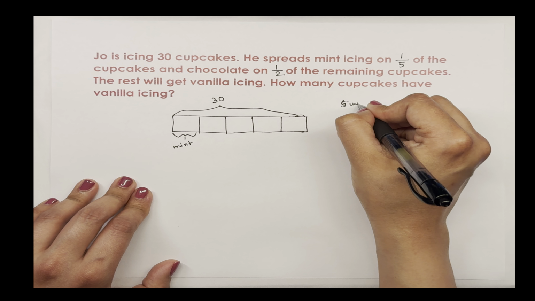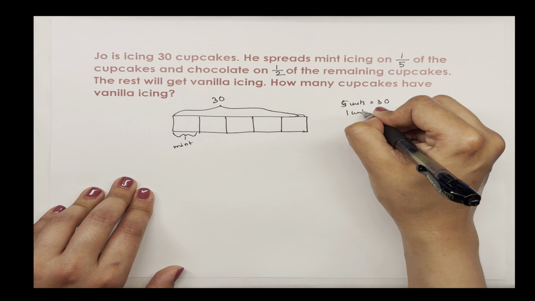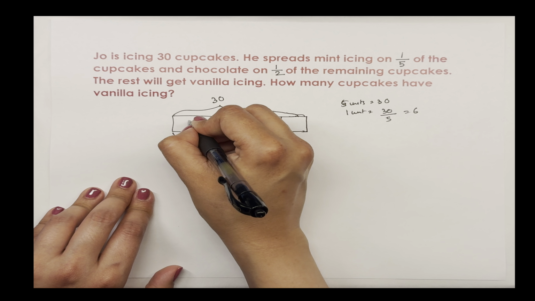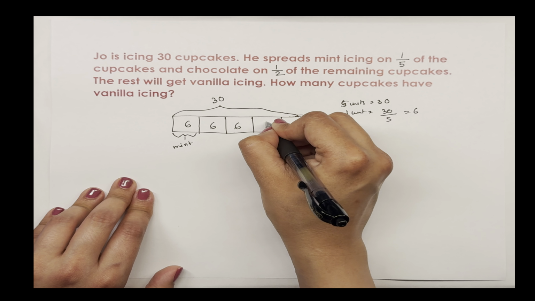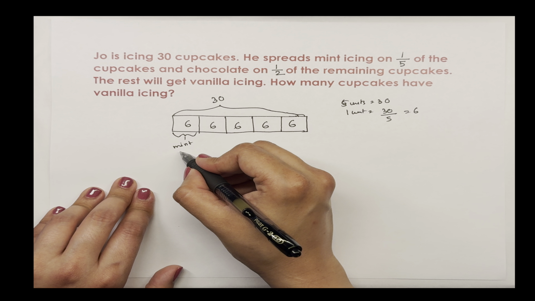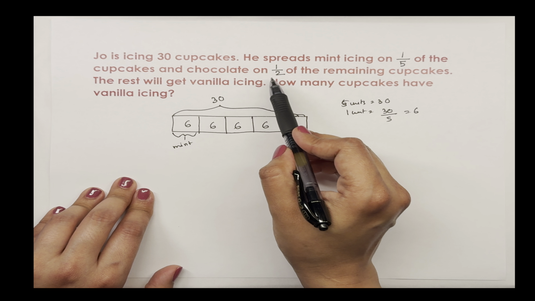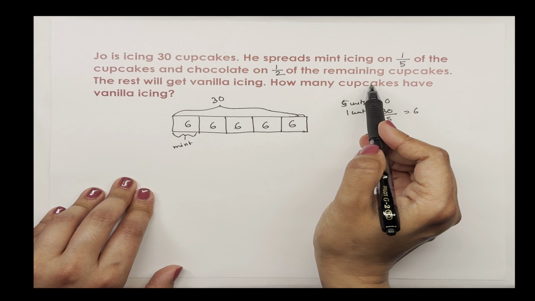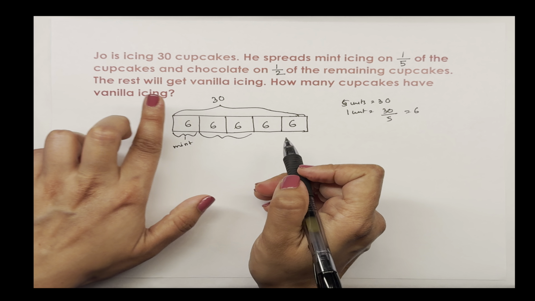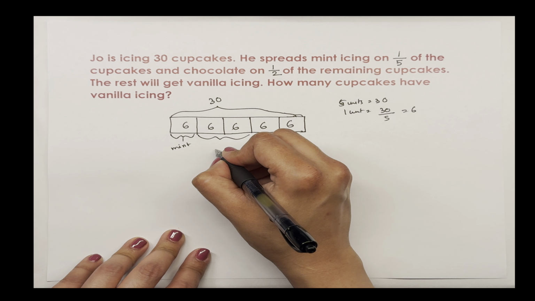Now, 5 units equal 30. Let's find each unit. One unit will be 30 divided by 5, which is 6. 6, 6, 6, 6, and 6. So 6 are mint icing, and chocolate on half of the remaining. Of the remaining 4 boxes, 2 of them are chocolate.